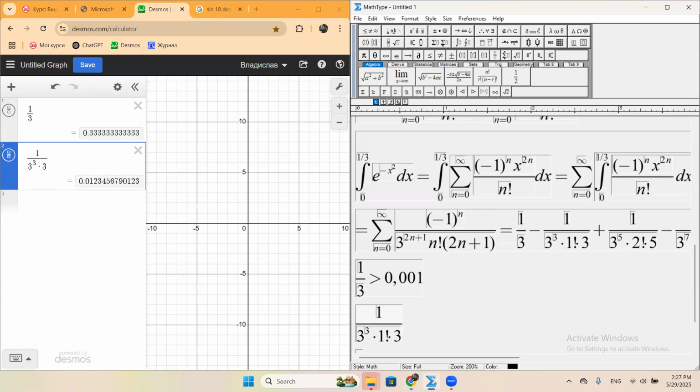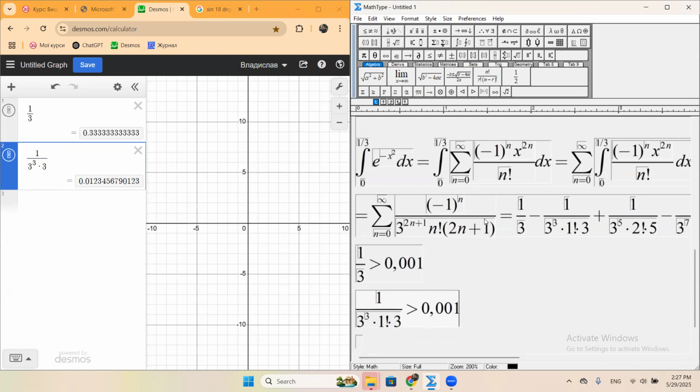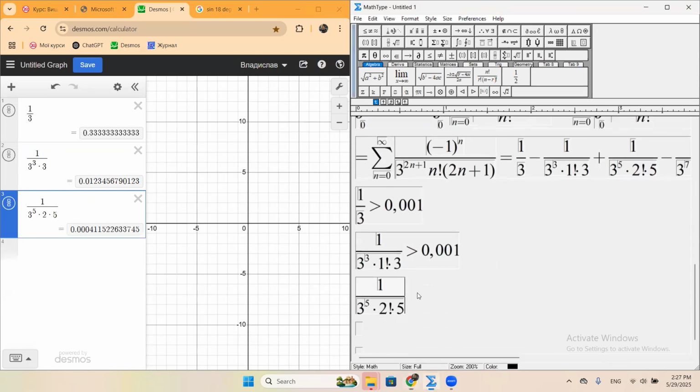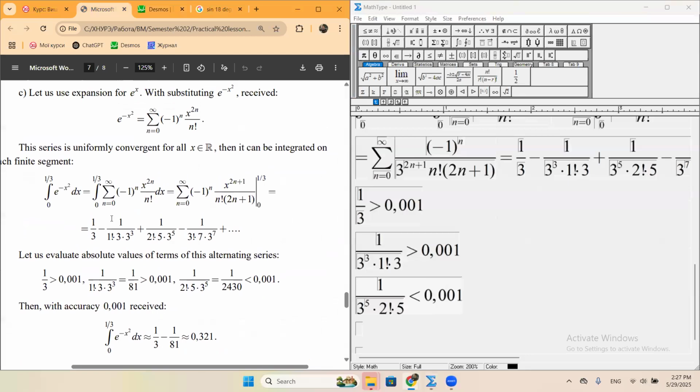So greater than 0.001. Then the next term. So 3 to the power of 5 by 2 by 5. Yeah, it is less than the required accuracy. Let's check here.